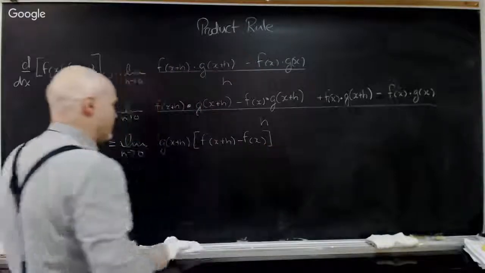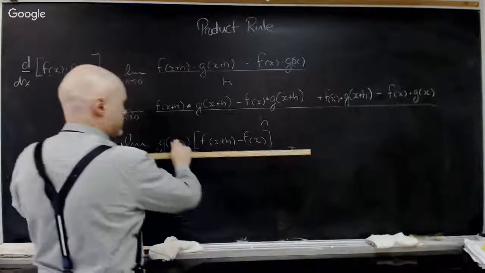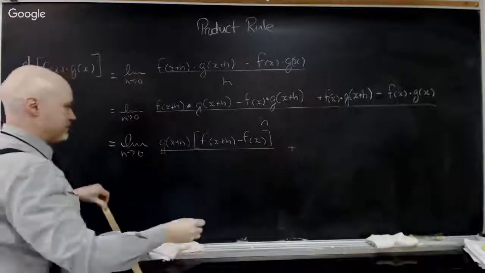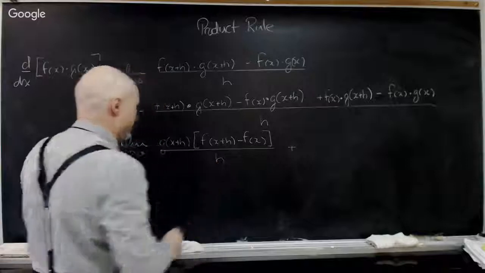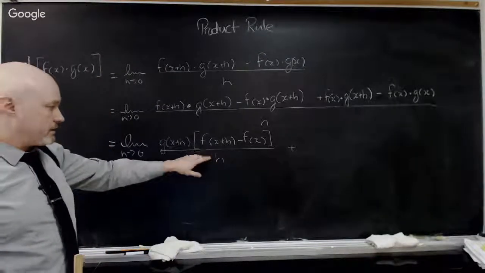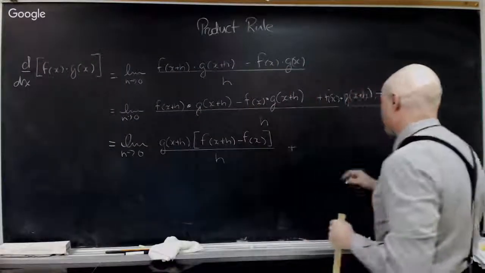Okay. And I'm going to break these into two fractions. And so it's just the opposite of adding them. I have a common denominator. I'm going to go back and take them apart. Right. There we go. Look, that looks so much like the derivative of f at x.